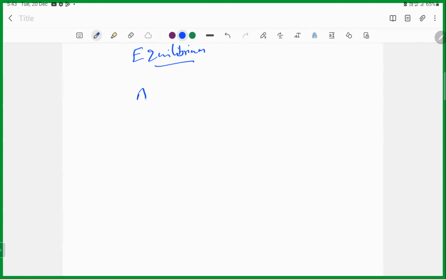That means when reactant A reacts with B, it gives the product, as in a general chemical process.